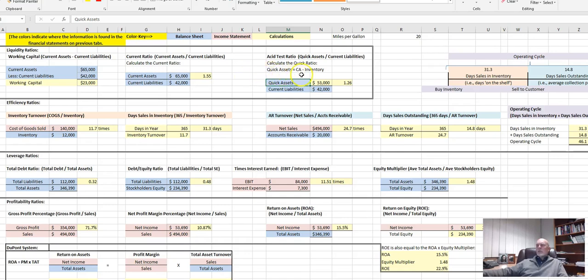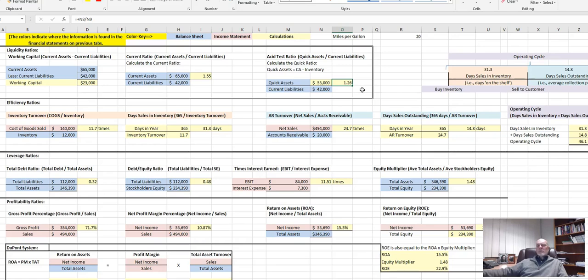Or what you might do is simply take the current assets and subtract out the inventory, which may not be turned into cash that quickly. And so the current assets minus the inventory gives us what we call our quick assets. So in this case, when we divide that by the current liabilities, we have $1.26. So we have $1.26 of quick assets for every dollar of current liabilities.